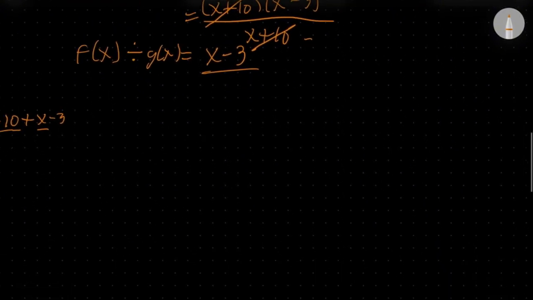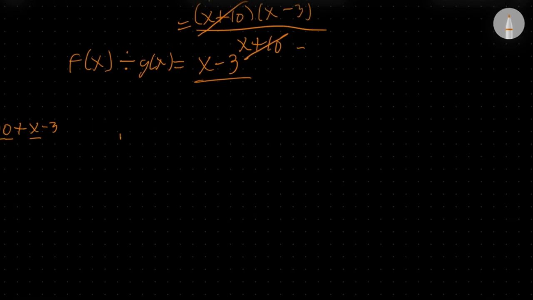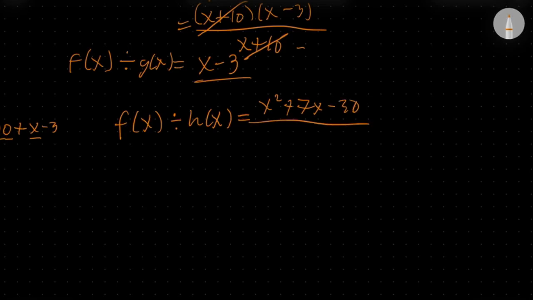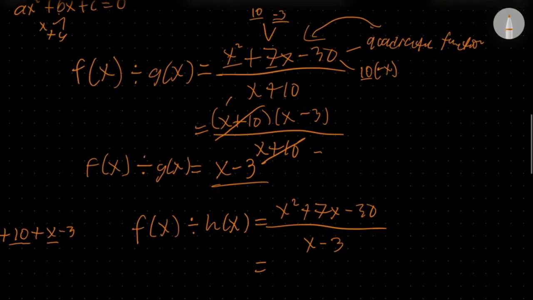Let's proceed to our next problem. F of x divided by h of x. F of x is x squared plus 7x minus 30 over x minus 3. We're gonna go with the same step that we took here.